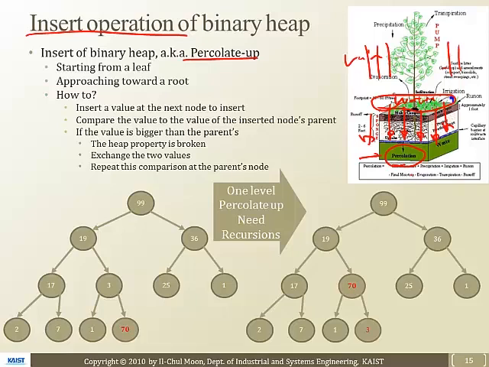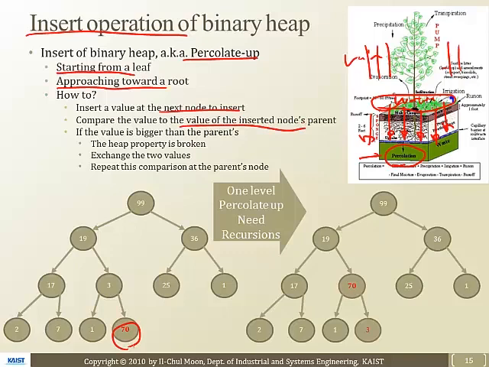So how do we perform the percolate up? First, we start from the next natural place to insert the node to keep the complete tree constraint, and then we approach toward the root. So first we insert the value here, at the last index of the array, and then compare the value to the value of the inserted node's parent.